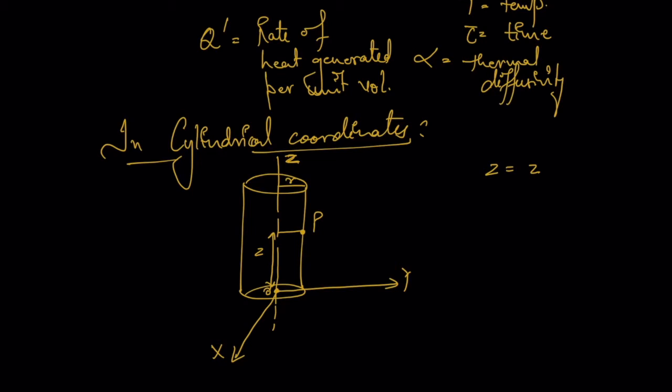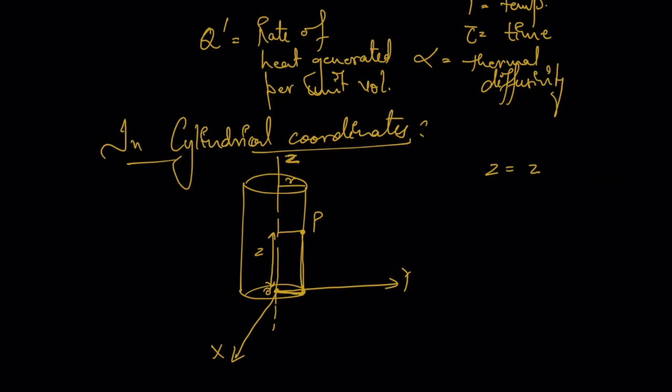If you draw a perpendicular here, on the xy plane you will get a point, and if you draw from the origin, this is the radius, right? Because point P is on the surface, if you drop a perpendicular on the xy plane, it will be on the ring, and the radius will be similarly r.